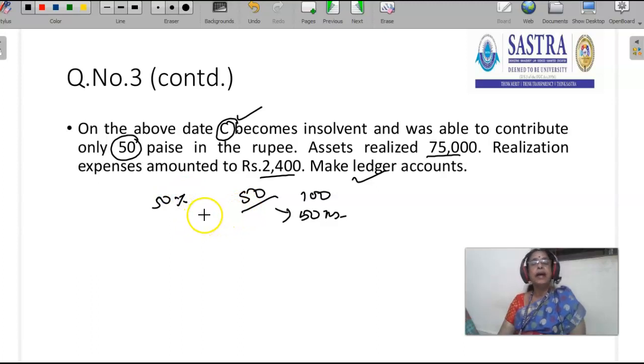The balance 50% he was not able to settle. 50 paise per rupee means 50% of the amount he can settle. The balance 50% he was not able to settle. Make necessary journal and ledger accounts.